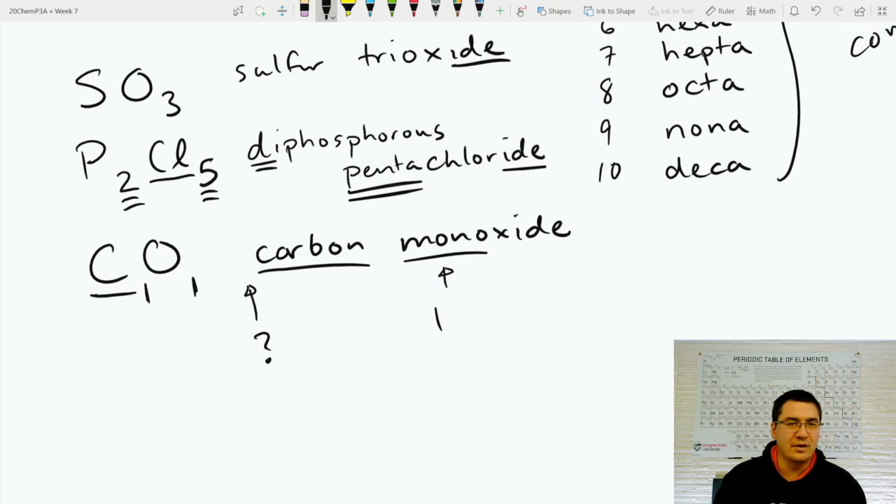And the rule of thumb, or the way that we've kind of decided to do this, on a binary covalent compound, if there's one atom of the first element, so like carbon in this example, then we don't use mono there. We just say the element's name. So if there's one carbon to start with, we just say carbon. But if there's one oxygen or one of the second element, we do use the prefix mono.